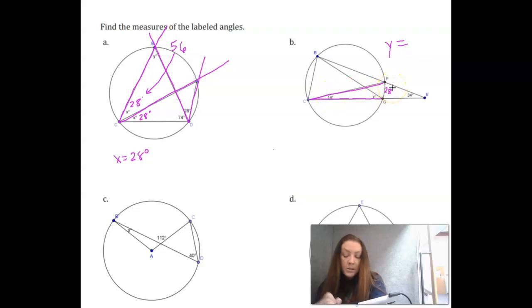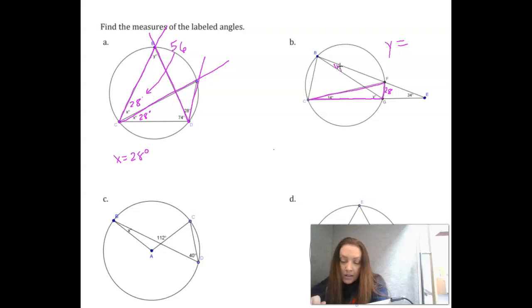That might not help us, we don't know. But this arc is also related to this inscribed angle, so if that's intercepting an arc of 28, this angle is 14. And I just start labeling information that I know because it might lead me to where I go, okay?